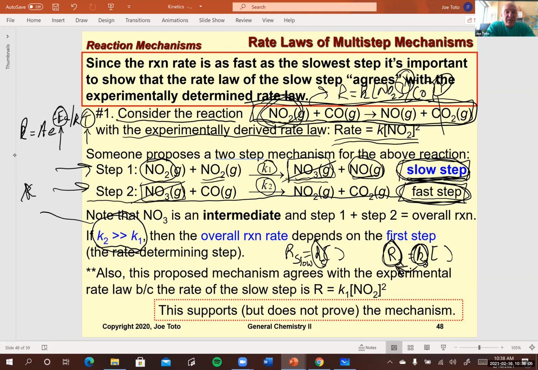So now we have, in step one, a reactant plus a reactant gives an intermediate and a product. Step two, the intermediate reacts with, what's this? A reactant. Yeah, it's a reactant. Very good. And I get that. What's that?